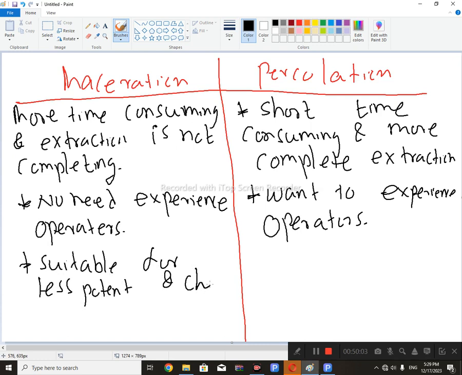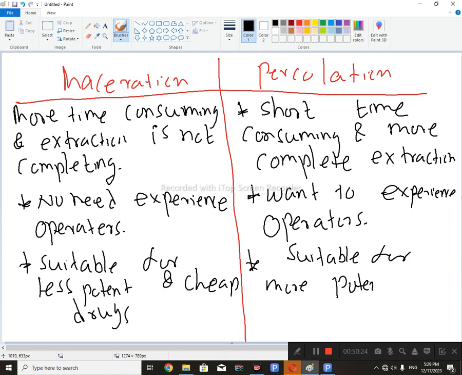Percolation is suitable for more potent drugs.